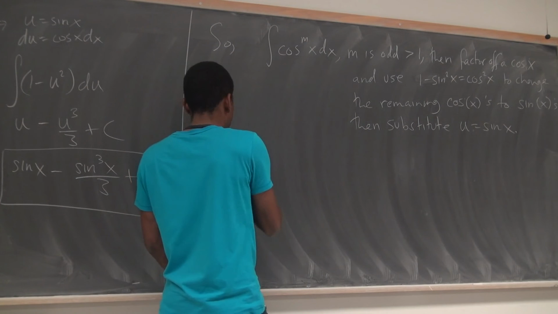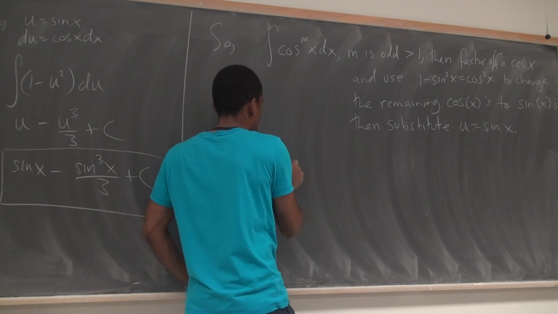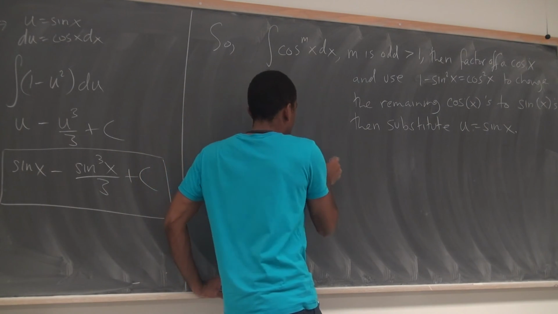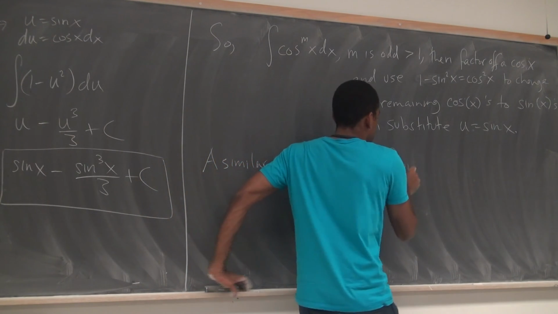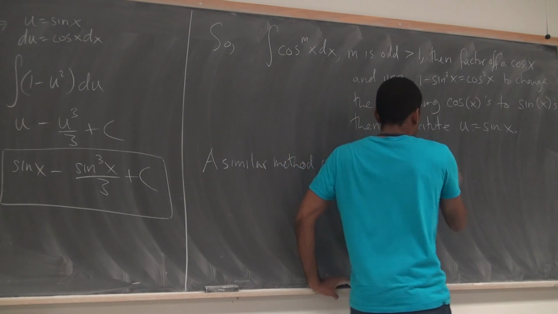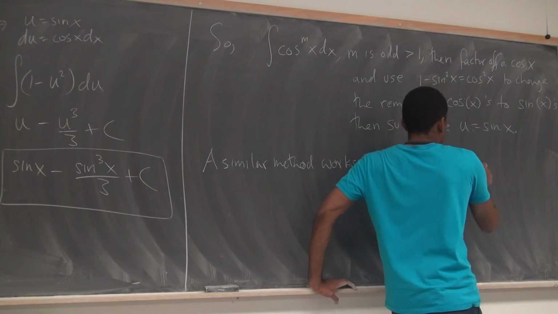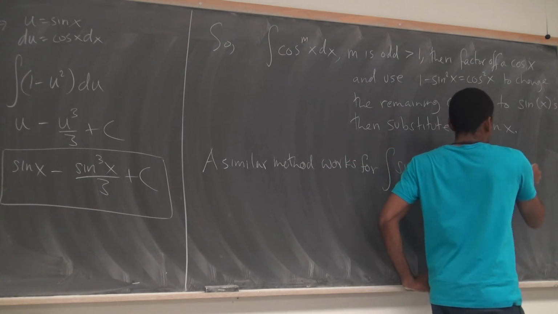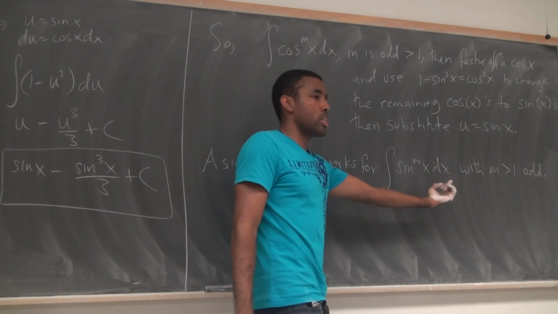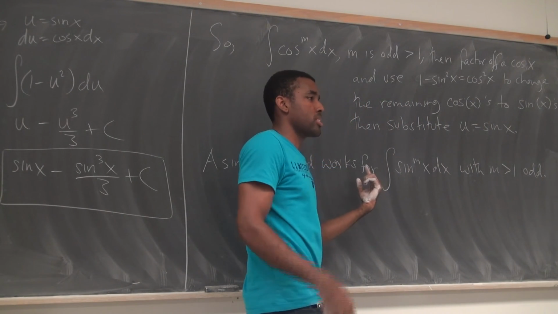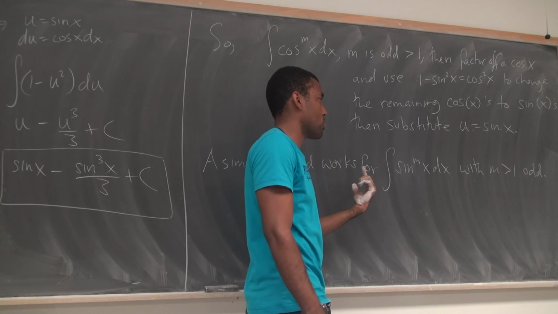A similar method works for the integral of sine mx dx with m greater than 1 and odd. So if it's sine, you just factor off a sine and then change all the remaining sines to cosines and do substitution u equals cosine.